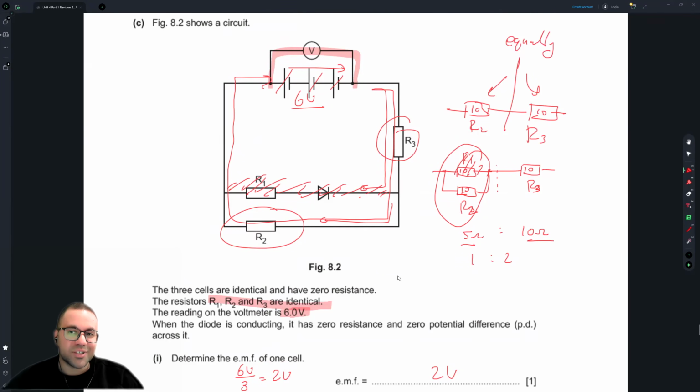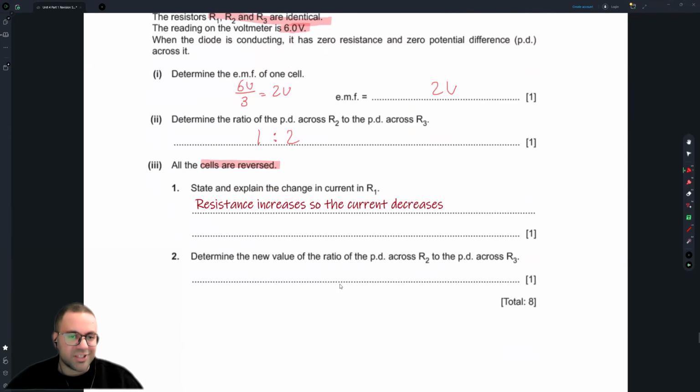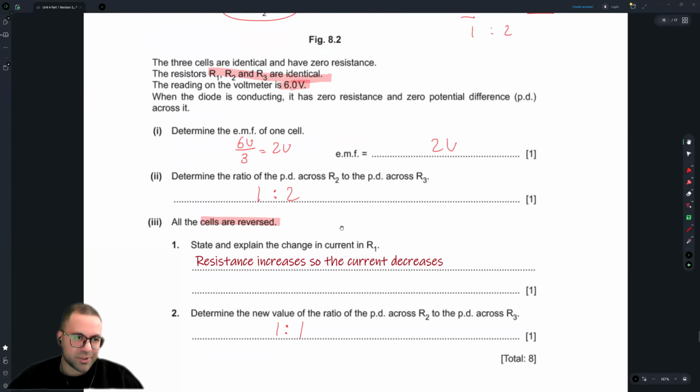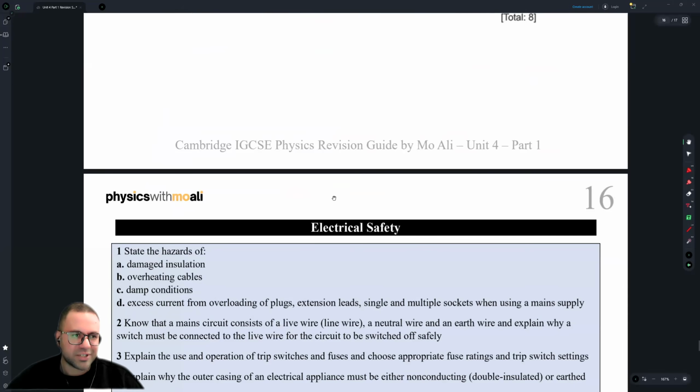Which as a ratio means it's what? 1 to 1. It splits the voltage equally. So what's the new ratio? 1 to 1. Okay? This was a tough question, by the way. Like using ratios and concepts, it's a tough question. And I picked it on purpose.